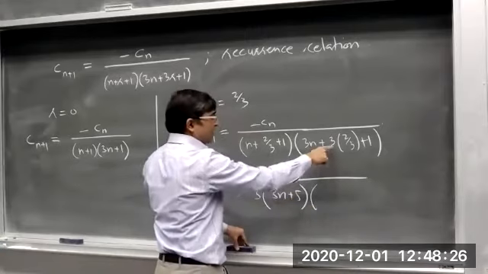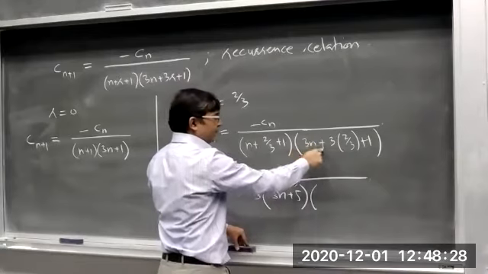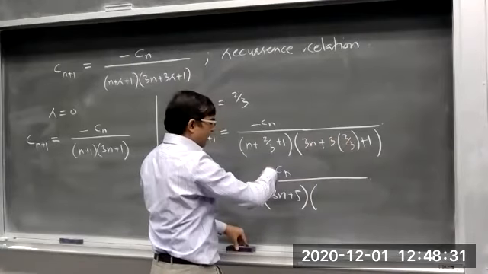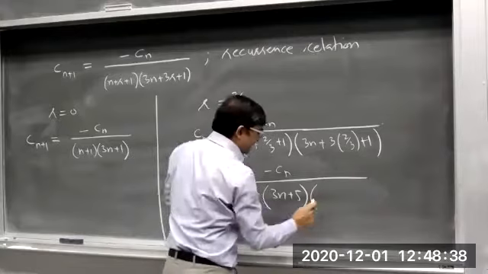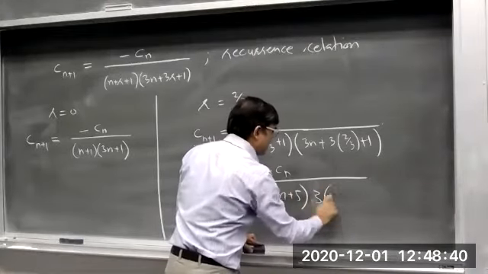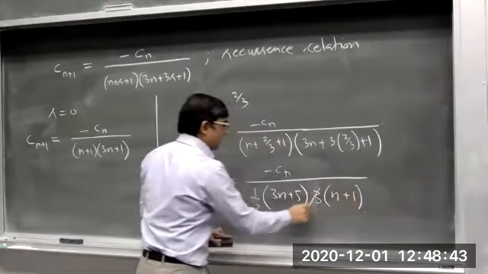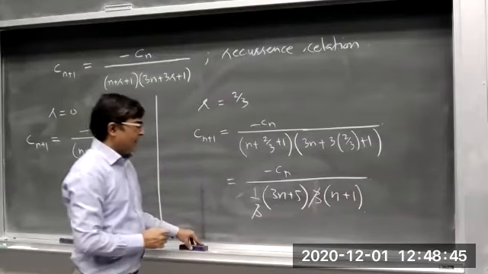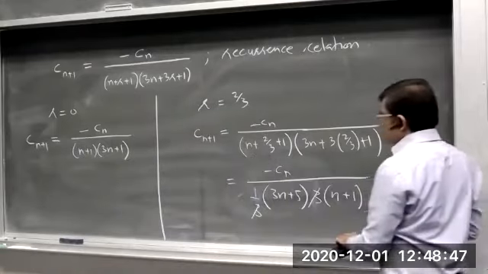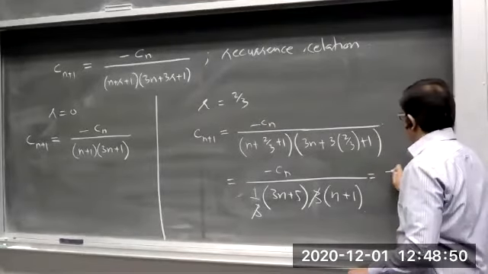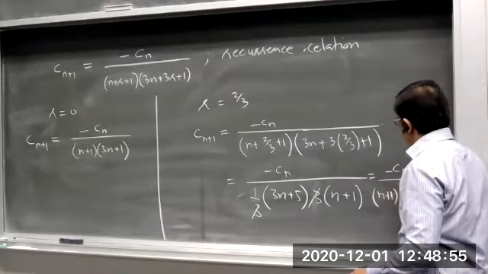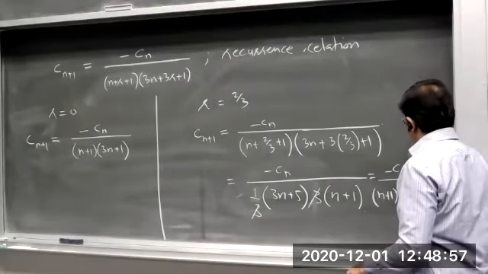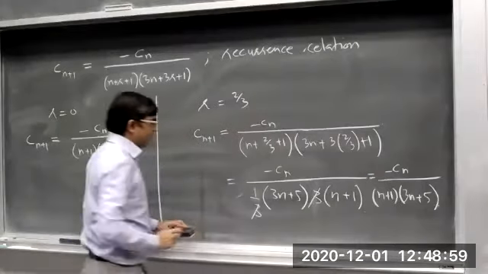And here, sorry, this will be divided, it will be 1 by 3. Yes, 1 by 3. And from here you have 3 times (n plus 1), the 3 and 3 will cancel. And what we obtain here is minus Cn divided by (n plus 1) times (3n plus 5). So this is your recurrence relation.